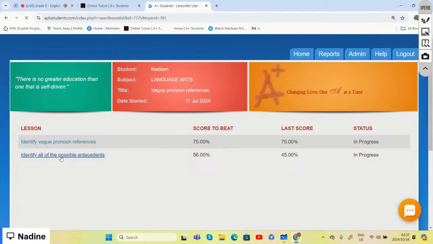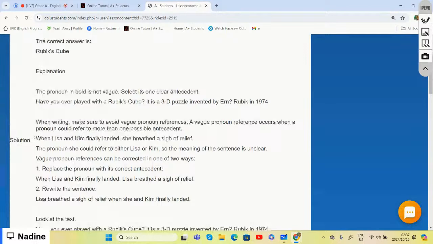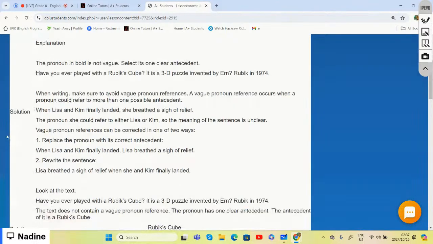Now we're going to identify all the possible antecedents within our sentences. It says, when writing, make sure to avoid vague pronoun references. A vague pronoun reference occurs when a pronoun could refer to more than one possible antecedent, meaning it can be any person, right? Any person, anything that you're actually making mention of.